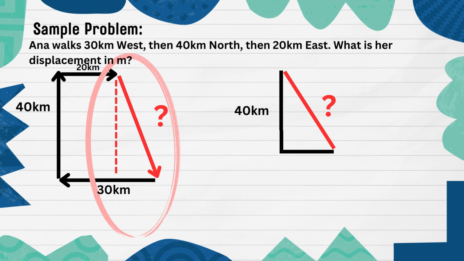Here, as you can see in this second diagram, the 40 km is still the same. It doesn't change. And then in this one, we are going to get the value of the bottom part. We just subtract the 20 km from the 30 km. This is the value of that one.